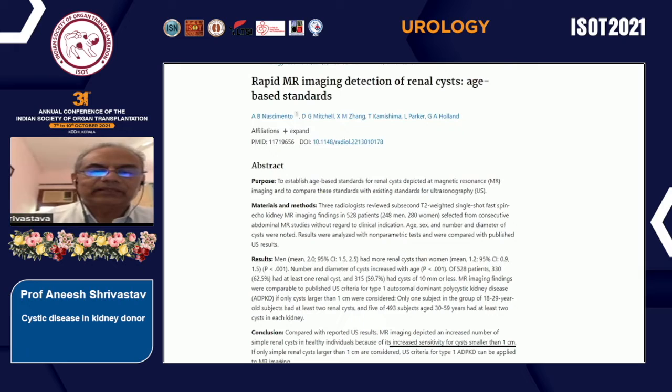That means Ravine was originally ultrasound based, but if you are considering cysts more than 1 centimeter, then you can apply the same criteria with MR. That's not the point. The point is that MR can detect cysts less than a millimeter, up to 0.9 millimeter. And for 3 millimeter, 5 millimeter, it has very good sensitivity and specificity.